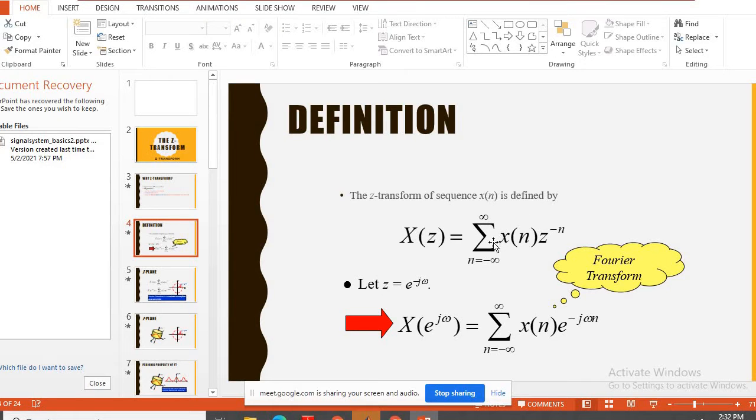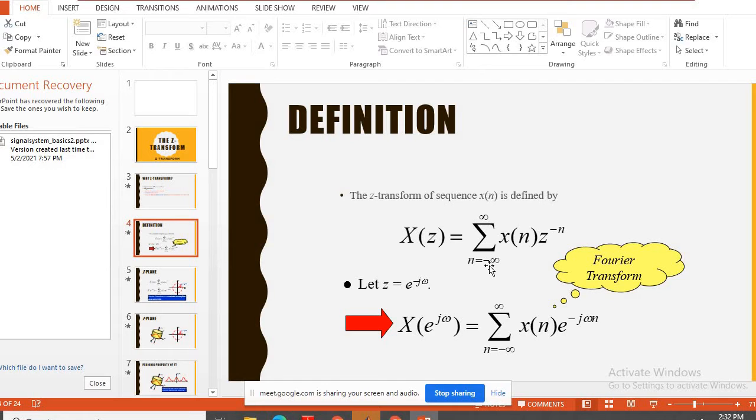Whatever limits x of n has, the same limits are to be assigned here, from minus to plus, or from 0 to plus, or from minus to 0, whatever it is. In general, whenever it is a causal signal, which we call a unilateral right-sided sequence, then it will be 0 to some positive integer, some finite sequence.